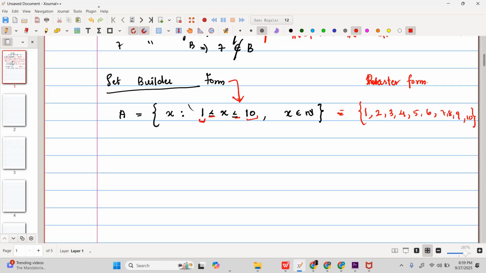This is the roster form of the corresponding set.